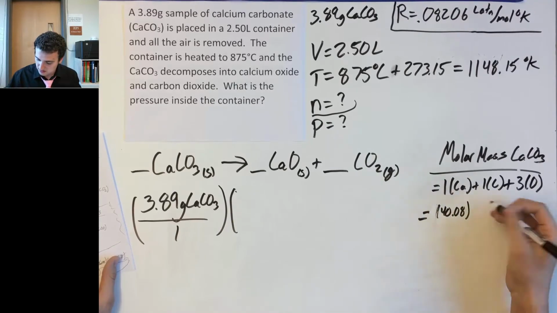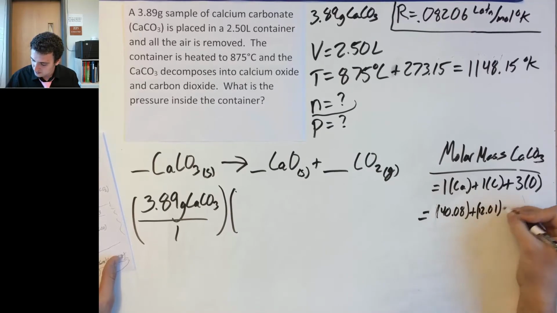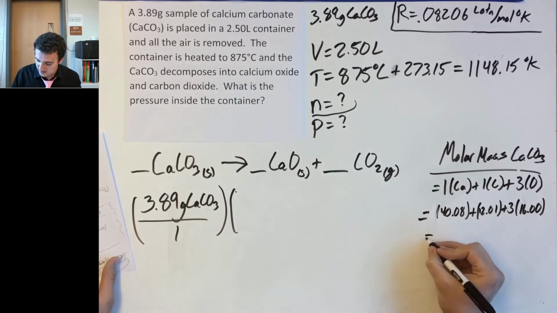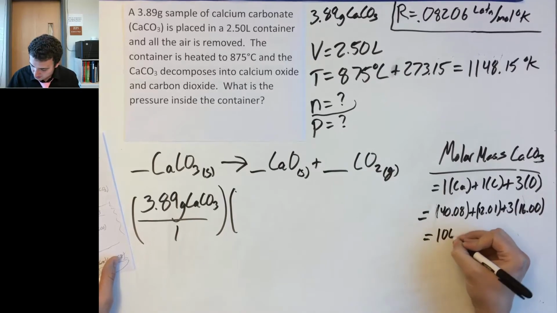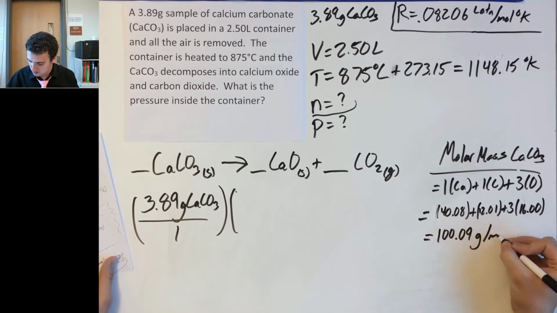It's the same thing. Plus 12.01 plus 3 times molar mass of oxygen, which is 16.00. And that ends up being 100.09 grams per mole of CaCO3.